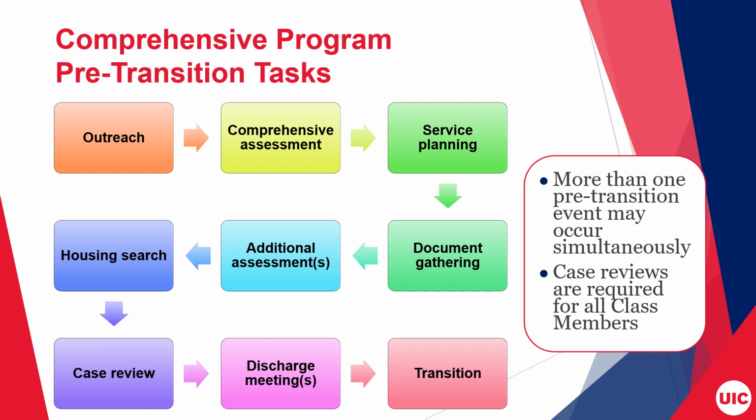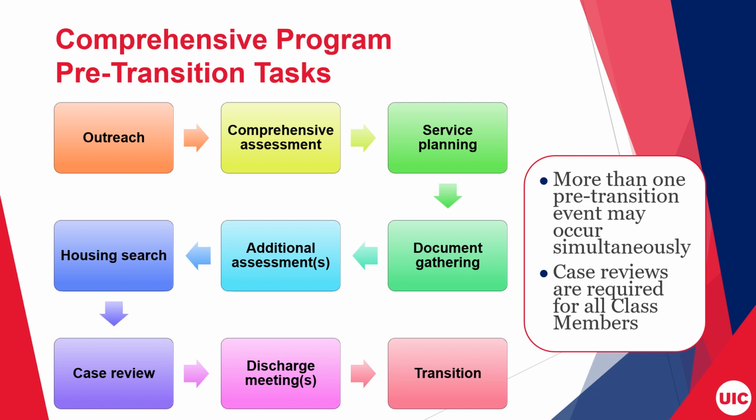In addition, before transition, the care manager is responsible for ensuring that the member has all necessary documents to facilitate transition. This can include a state ID or driver's license, a social security card, a birth certificate, proof of naturalization, or other member-specific documents that might be necessary to secure housing and benefits.